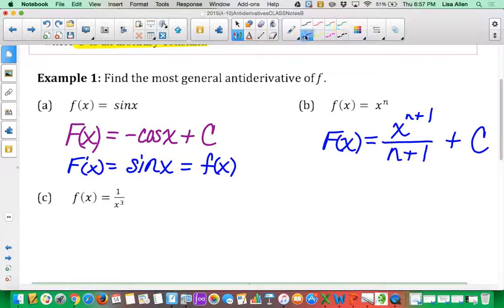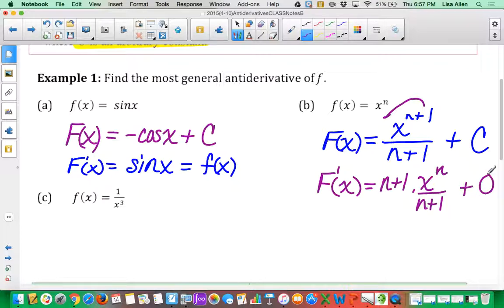So let's address this issue with the derivative then, and it's kind of getting at one of the rules we've already talked about. We have F prime of x, take the power out front, so you're going to end up with n plus 1 times x to the n power over n plus 1, plus the 0, because the derivative of the constant is just 0.